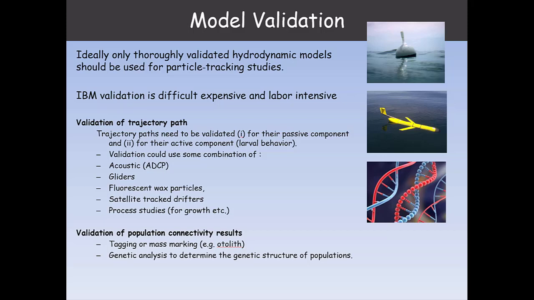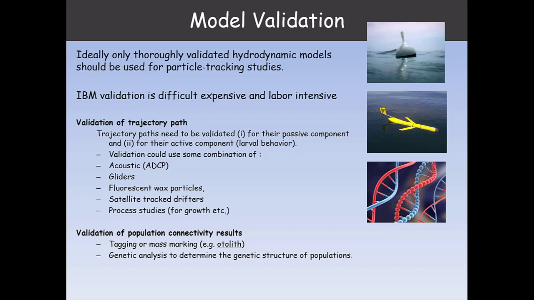To validate a trajectory study, ideally we would be able to validate the passive component of the trajectory as well as its active or behavioral component. Validation could include some combination of acoustics, gliders, tracking released wax particles within the environment, or maybe looking at satellite track drifter outputs, as well as comparing modeled growth to laboratory-based growth studies, for example.